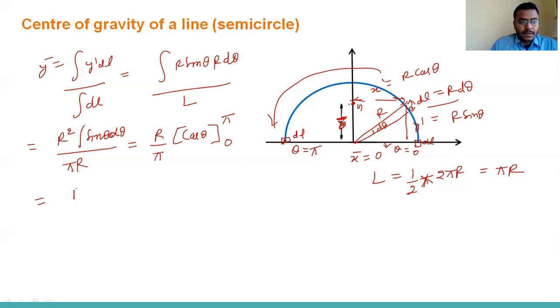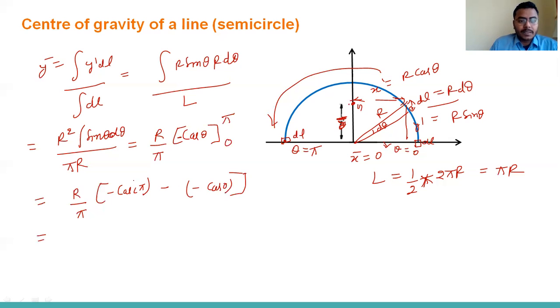So we can write r divided by pi. See, here it's coming minus. Integration of sine theta will be minus of cos theta. So minus of cos pi minus of cos 0.